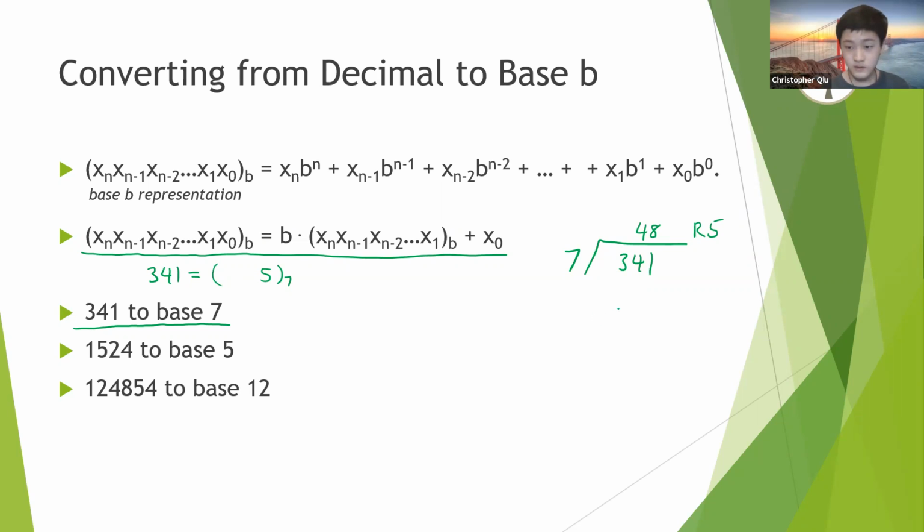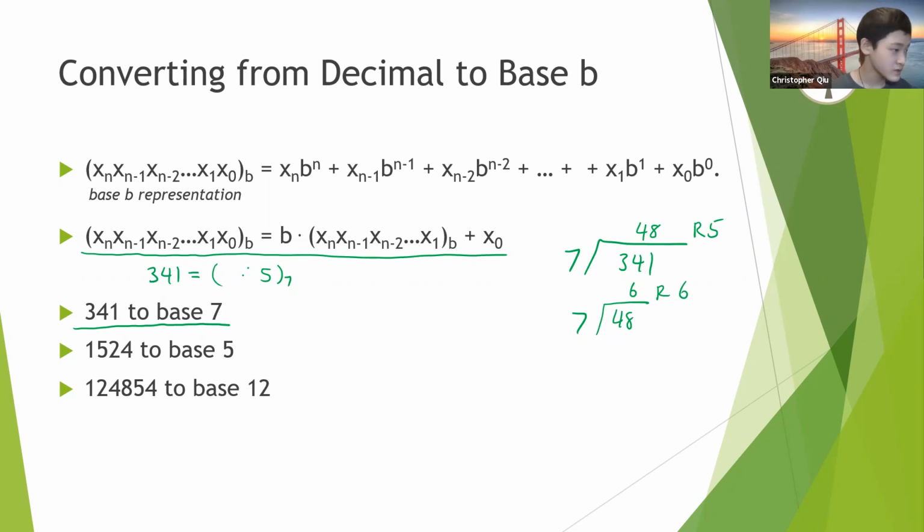And next, we take 48 and we divide by 7 again. So 48 is our quotient, and we want to divide it by 7 again to get the last digit in the first n minus 1 digits. So we'll have a quotient of 6 and a remainder of 6. And so our second remainder is 6.